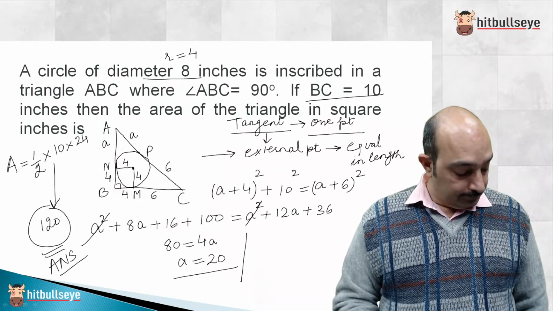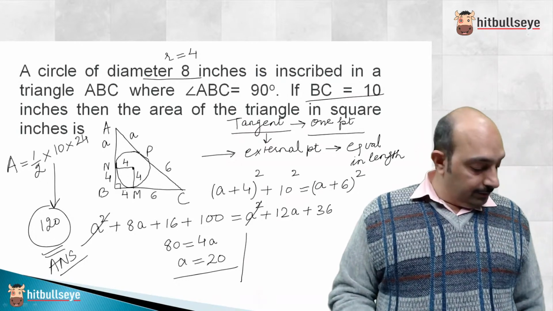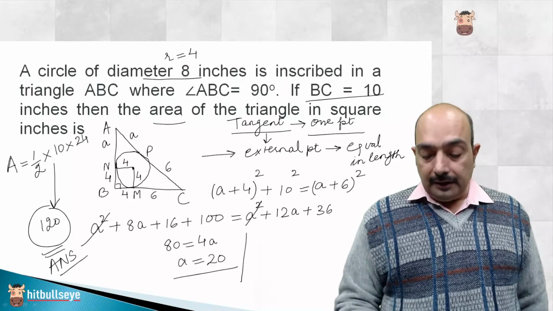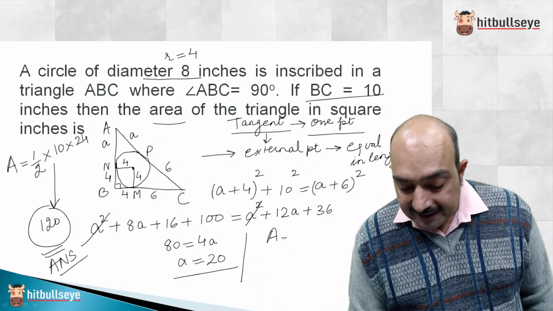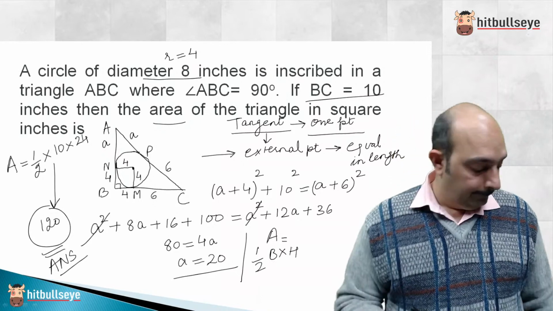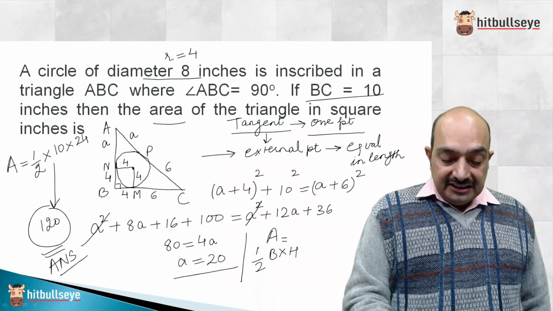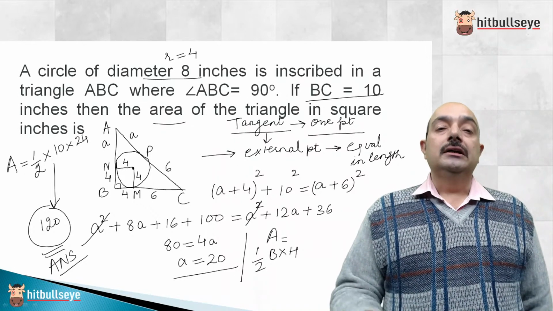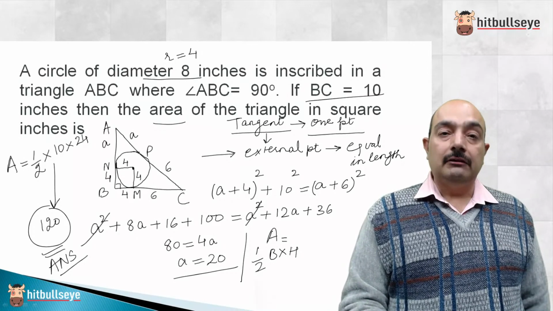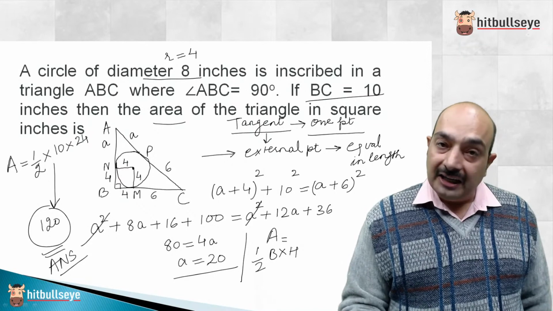Yes, Manish? The question is, you want the area of the triangle, and area is calculated as half base into height. You are given a circle which is inscribed. Angle ABC is given as 90, a right angle triangle.